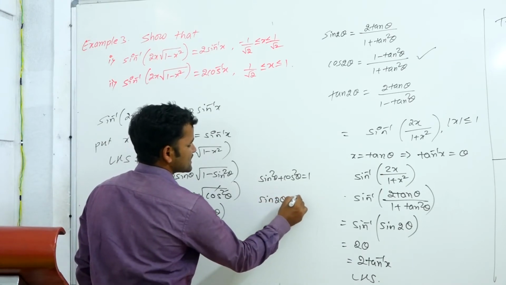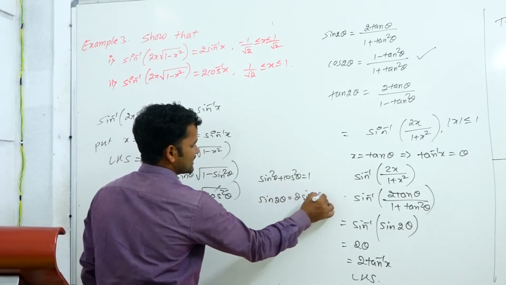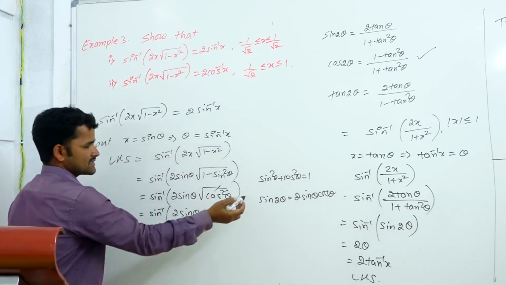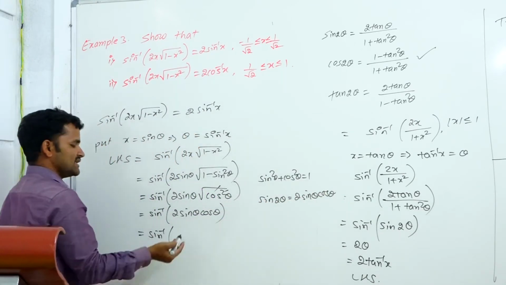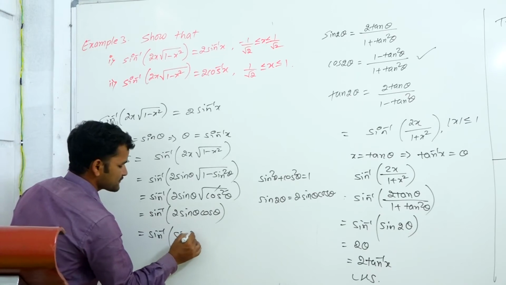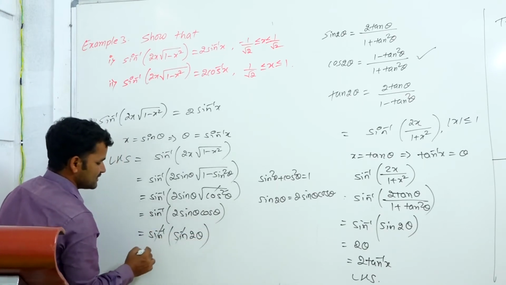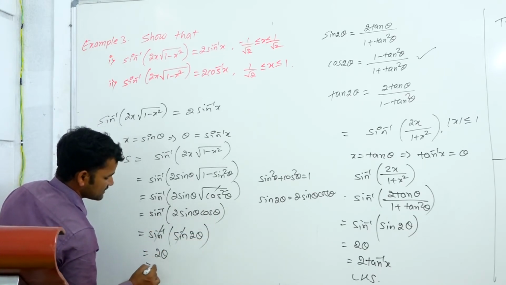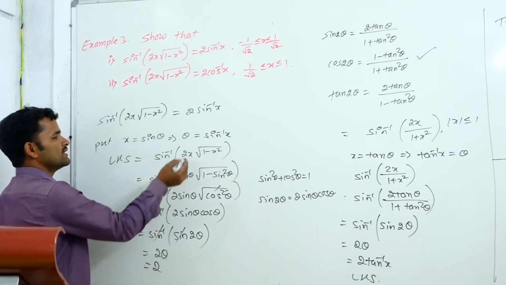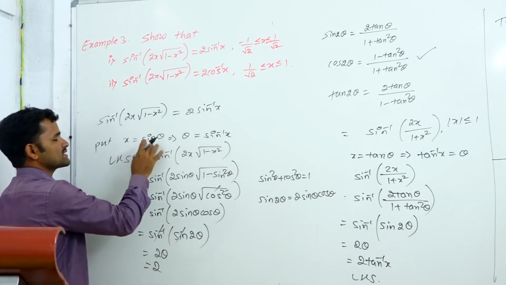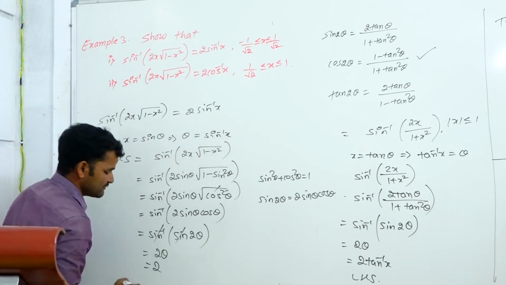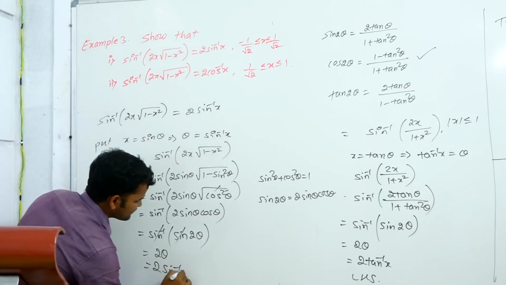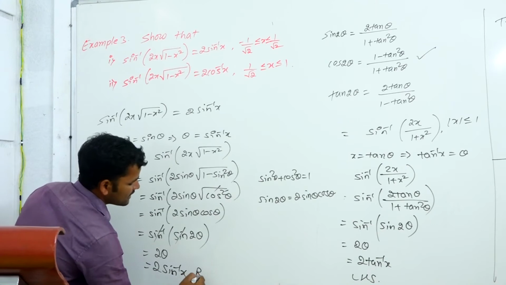Sine 2 theta is nothing but 2 sine theta into cos theta. Yes, we have 2 sine theta into cos theta here, can be written as sine 2 theta. Sine inverse gets cancelled. 2 theta. 2 into, what is theta? Theta, we have substituted x is equal to sine theta, means theta we have sine inverse of x. Sine inverse of x is nothing but RHS.